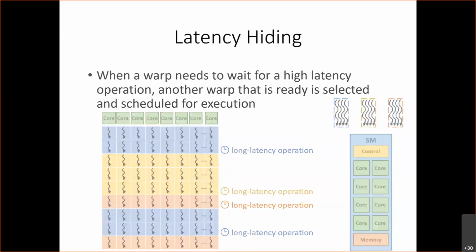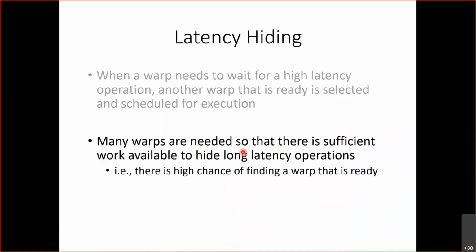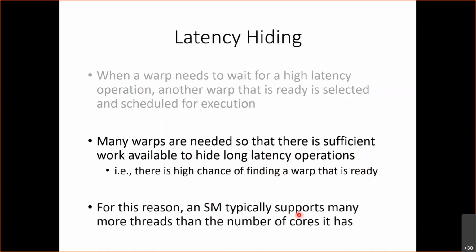So many warps are needed so that there is sufficient work available to hide long latency operations. In other words, there's a high chance of finding a warp that is ready to execute. And because of this, an SM typically supports many more threads than the number of cores that it has. An SM has enough registers and enough memory and enough thread slots to support many more threads than the number of actual cores in the SM.